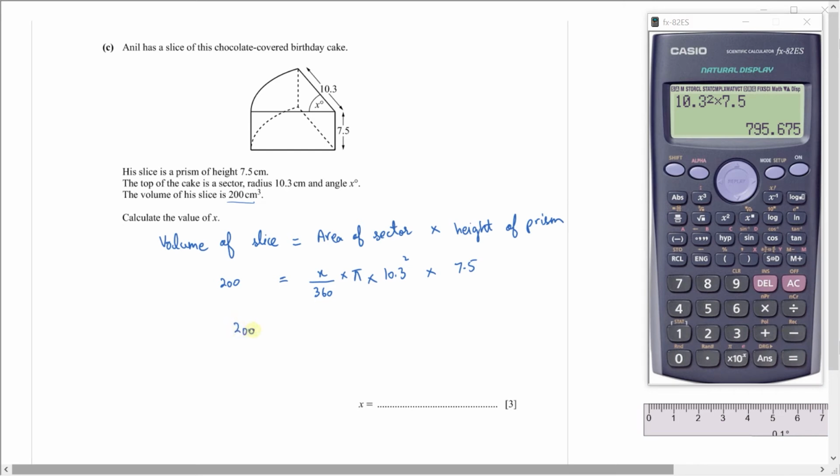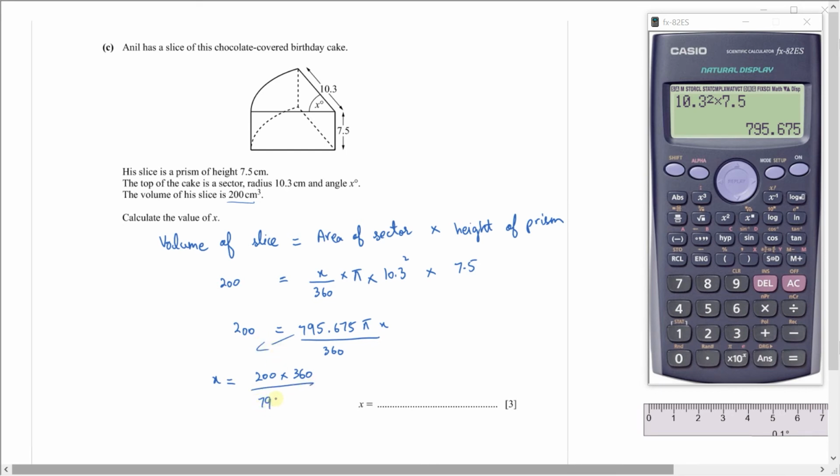So I have 200 equals 795.675 into pi into x over 360. So my value of x will be, this 360 will be multiplied, so 200 multiplied by 360, and this 795.675 pi will come in the denominator on the other side.